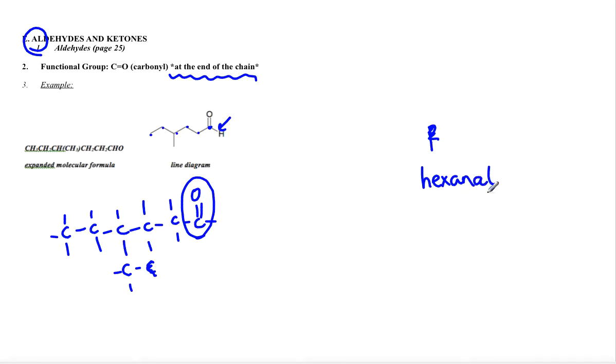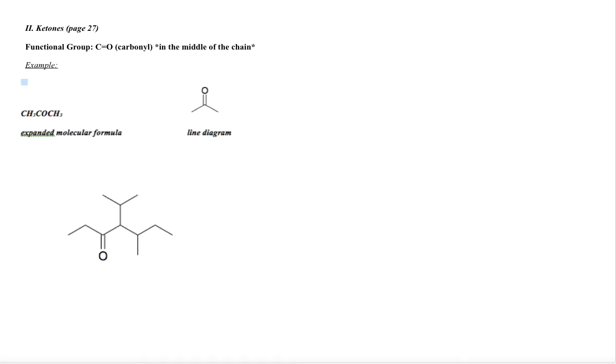It's an aldehyde, and so the C double bonded to O is at the end of the chain or on the first carbon. I do need to state the location of the substituent. So this is carbon 1, 2, 3, 4. So this is 4-methylhexanal. And at this stage, you can complete the exercises on page 25 and 26.